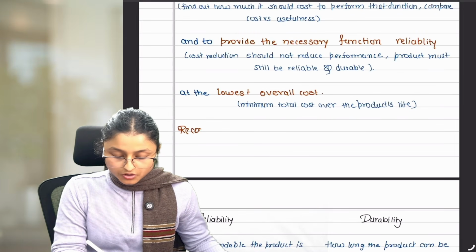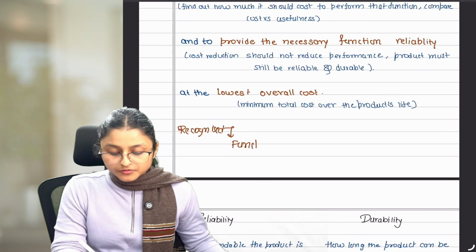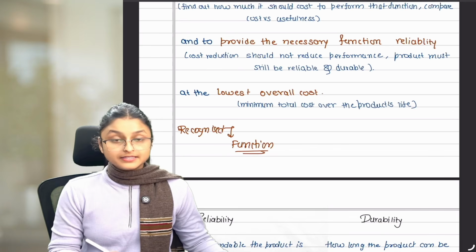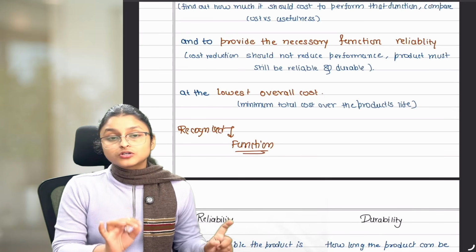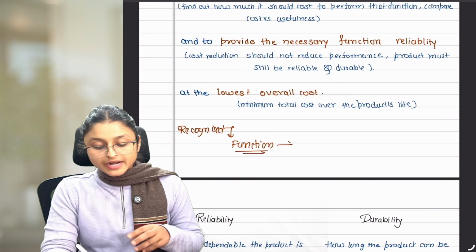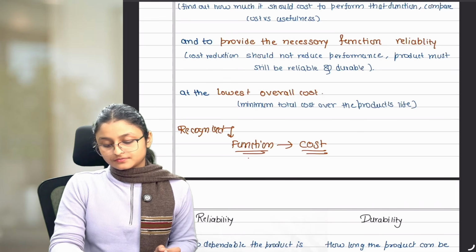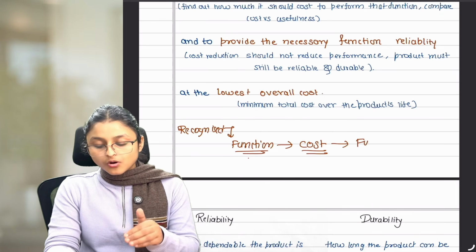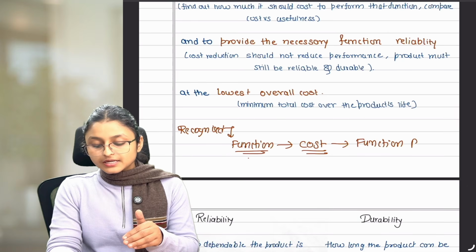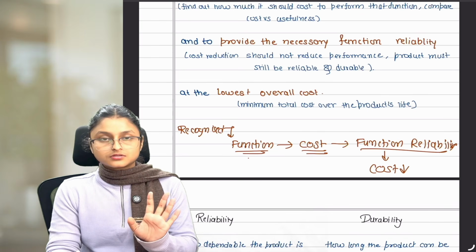So we are using these recognized techniques first to find out what all functions our product is performing. Then, as our main aim is to reduce cost, after knowing what all functions our product is performing, we'll try to know how much cost we are incurring on it right now. After knowing the cost incurred, we will try to provide all the functions with reliability in the product, and we will try to do the same at lower cost.